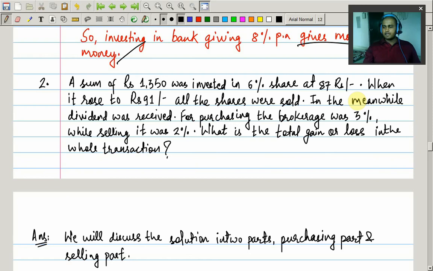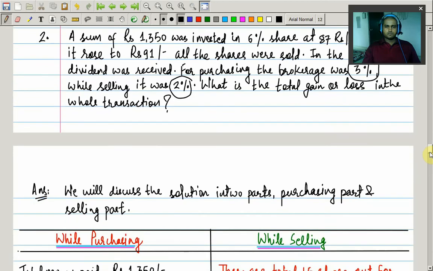In the meanwhile, the dividend was received. For purchasing, the brokerage was 3%, and while selling it was 2%. So in this question we have brokerage. This much brokerage I am paying while buying, and 2% while selling. What is the total gain or loss in the whole transaction? So I think the question is clear to everyone.